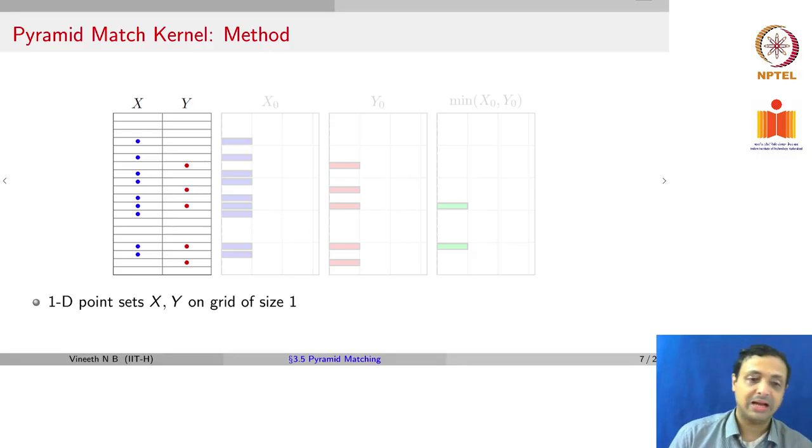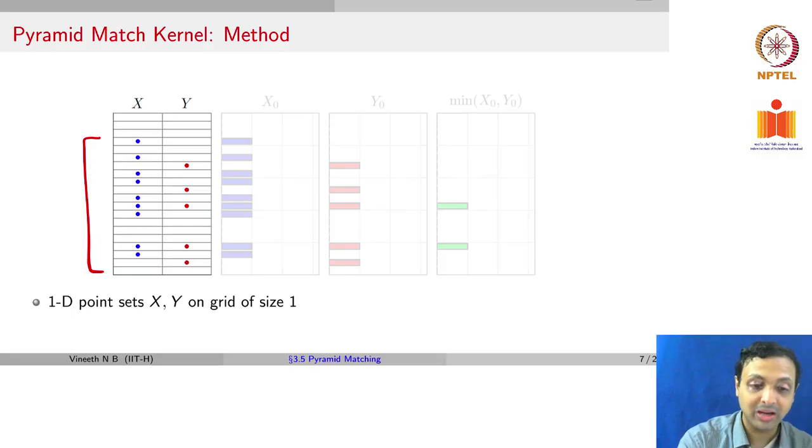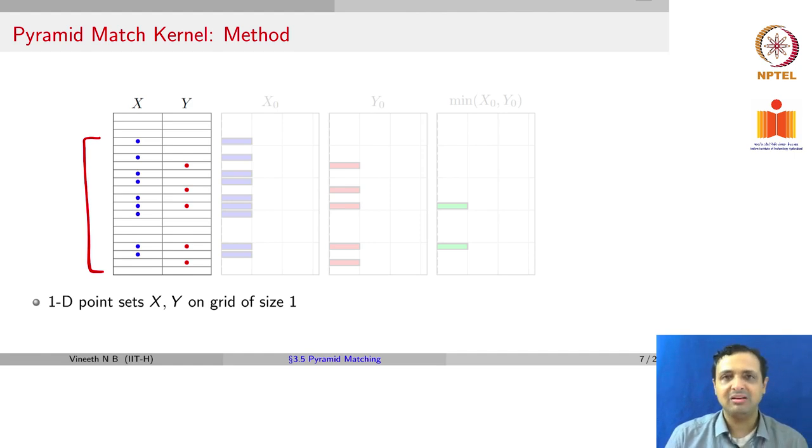Let's consider now that you have a set of features, an unordered set of features in an image X, which is given by these blue points, and a similar unordered set of features in image Y given by the red points. Remember, these are descriptors of those features lying in R^D, and you're going to bin them into very fine bins in that space.